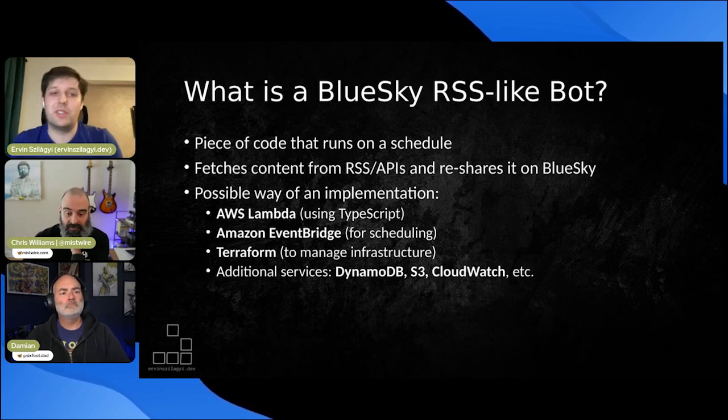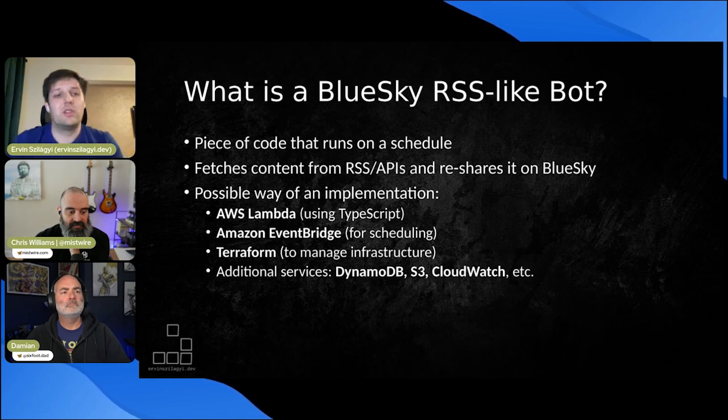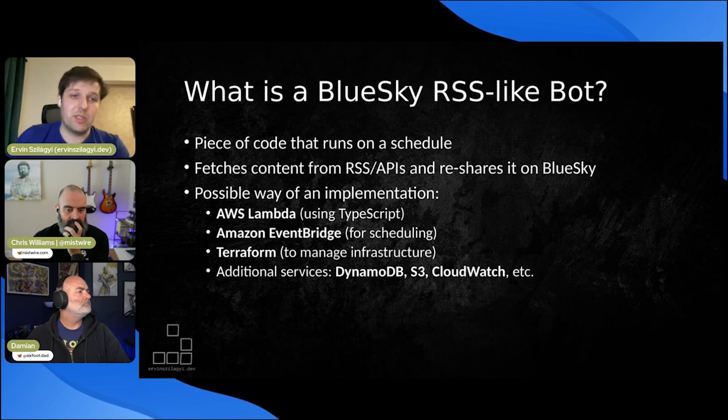If you are in the free tier, you can do it essentially for free. These Lambda functions run once in a while and post something to BlueSky, and that's it. There is not a lot of activity happening, but depending on how you do it, you may be charged a little bit more. It depends.